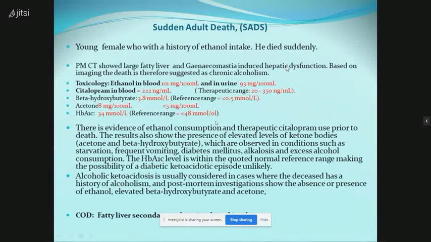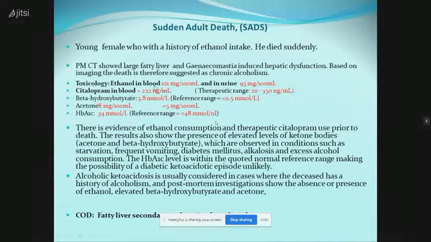This is an example of a person who was on ethanol and just died suddenly. The postmortem examination showed gynecomastia and hepatic fatty liver related to dysfunction of the liver, because of the long-term ethanol intake.